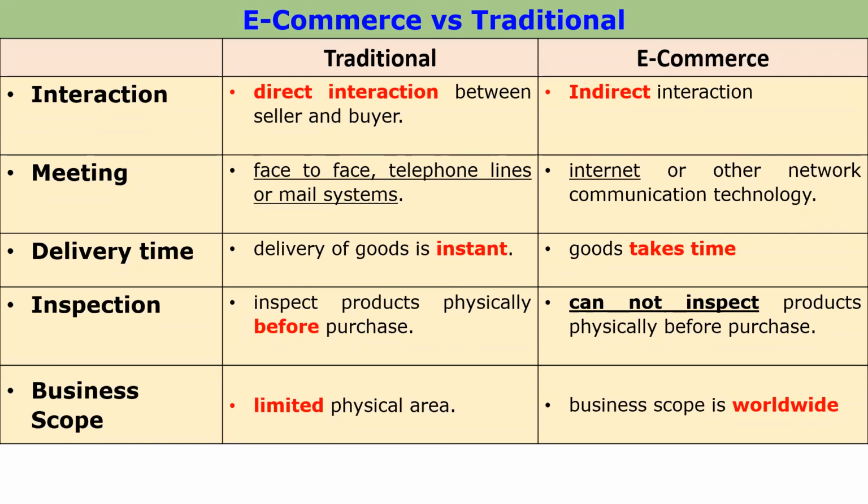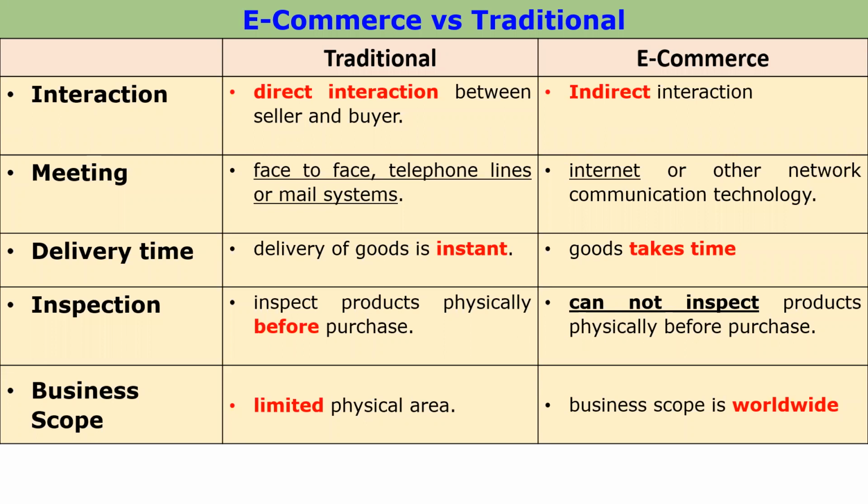That means under traditional, you can meet your seller or buyer. Under an e-commerce transaction, you will not have a chance to meet your seller. That is indirect; you communicate indirectly with the other parties.